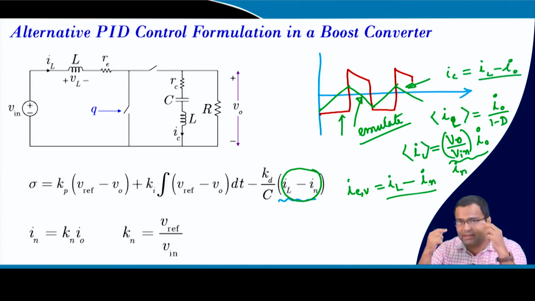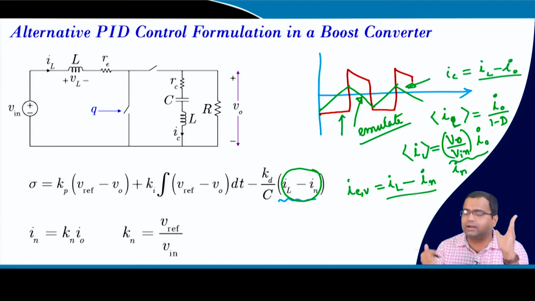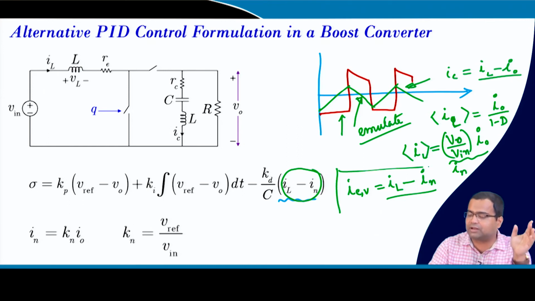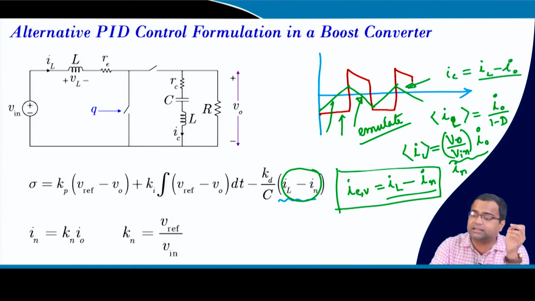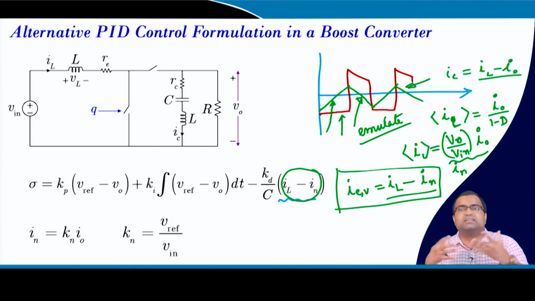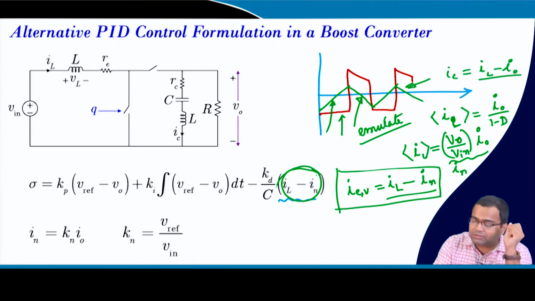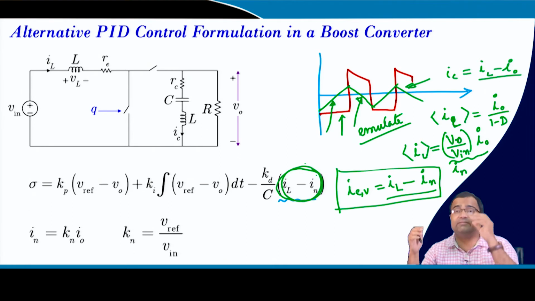So, it is like a sense of capacitor current, but not exactly the capacitor current for a boost converter. It acts like a virtual capacitor current, which we are trying to create, such a profile even for a boost converter, which is something similar to a buck converter. And if we do that, this will look similar to a derivative action.